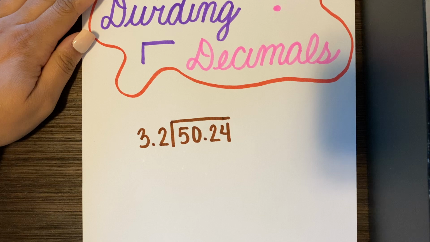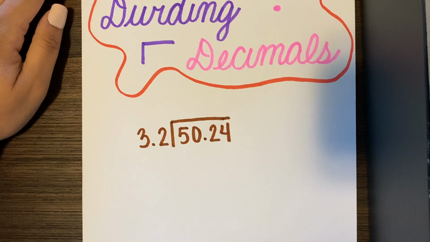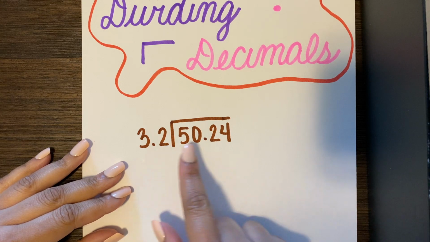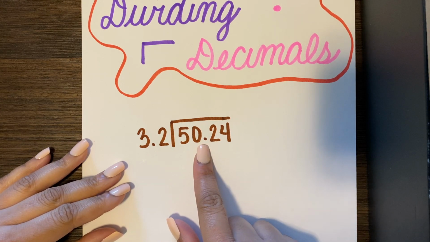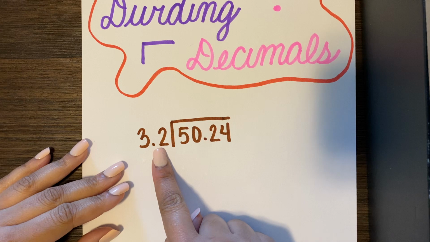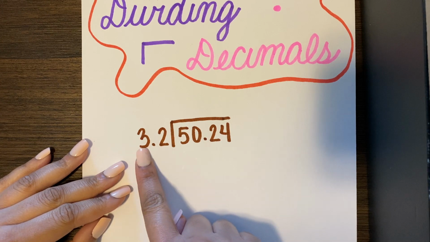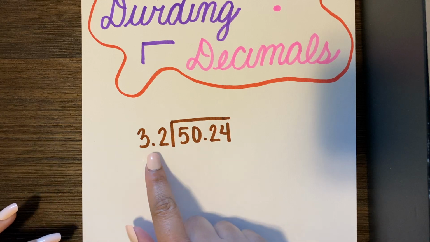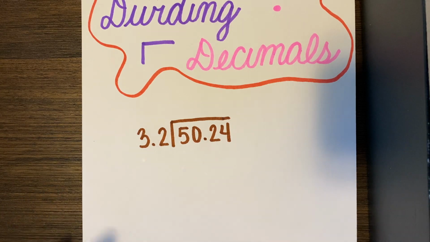Okay. As with multiplying decimals, at first we are going to be ignoring the actual decimals, okay? So you may hear me say 32. That is not because this is equal to 32. That is because I am ignoring the decimal at first, okay?